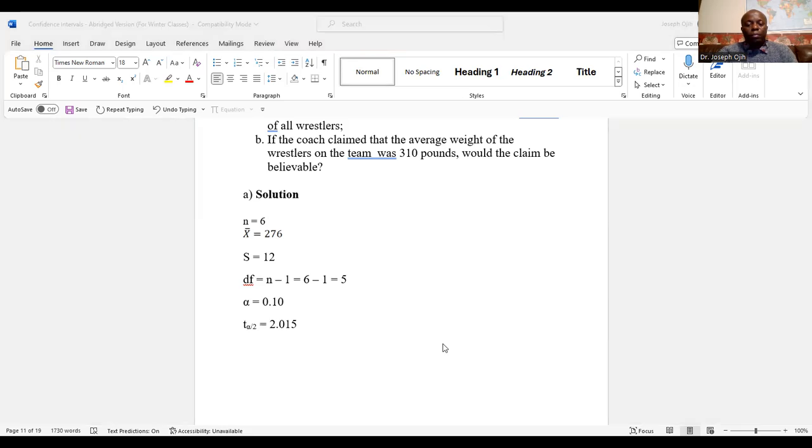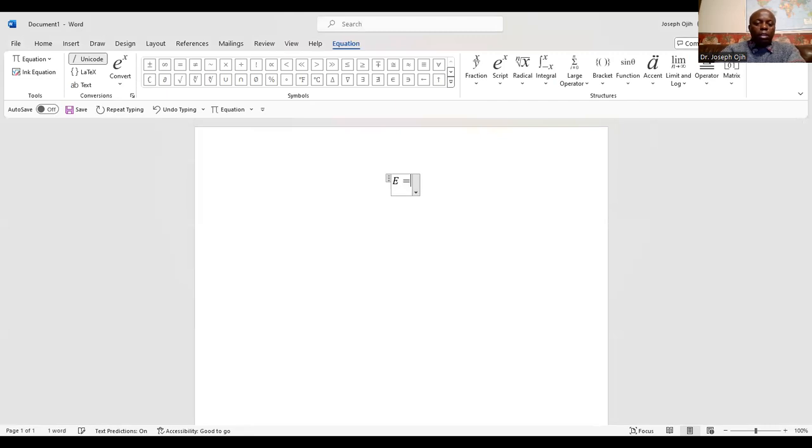So the error equals, this time around we are using T alpha over 2 times the sample standard deviation over the square root of n, the sample size, which is small n.